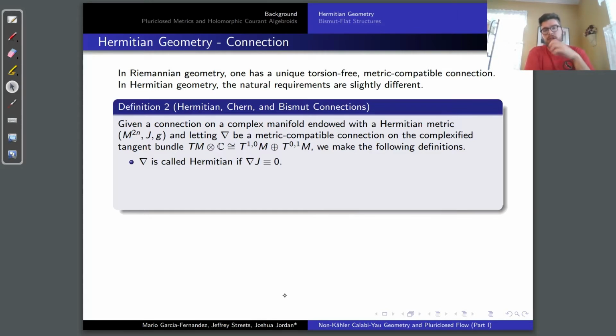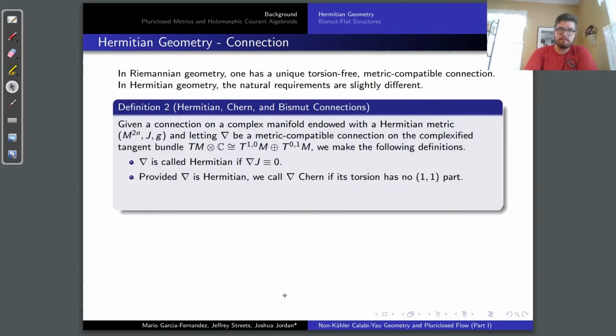This means that the connection plays well with the complex structure: the eigenbundle T^{1,0}M parallel transports into itself if the connection is Hermitian. So this is really relevant.